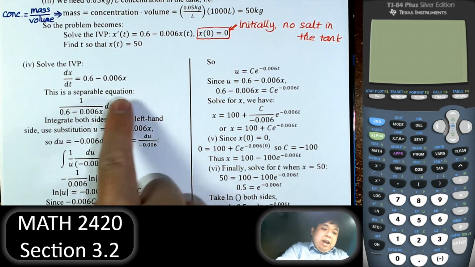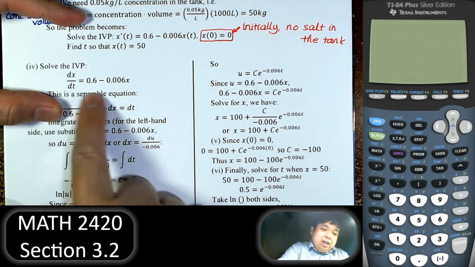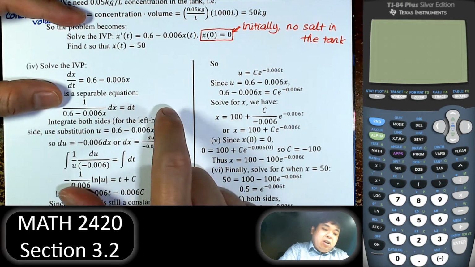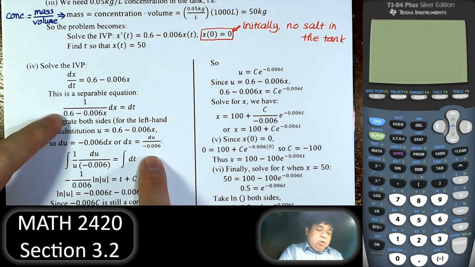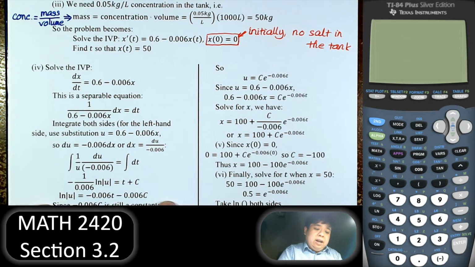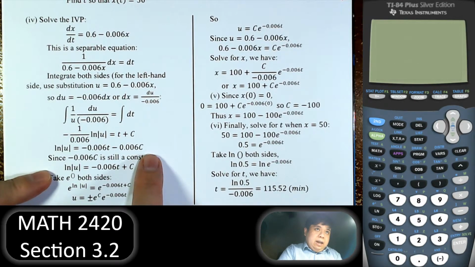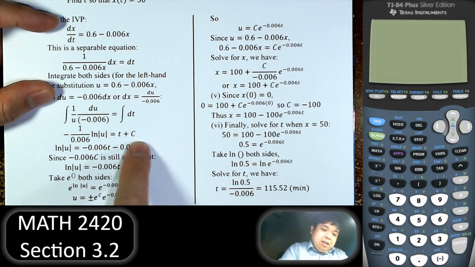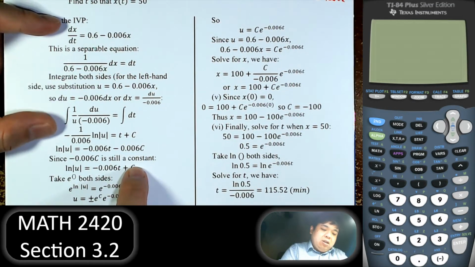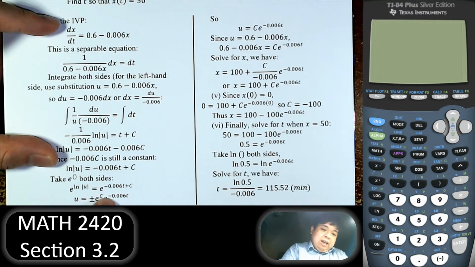We have this, and this is a separable equation. So move the x over to one side and the dt and t on the other side. Integrate both sides. I use substitution on the left-hand side and end up with this. This is still a constant, so I just say that is a constant. And raise both sides to the power of e. And then we have that.